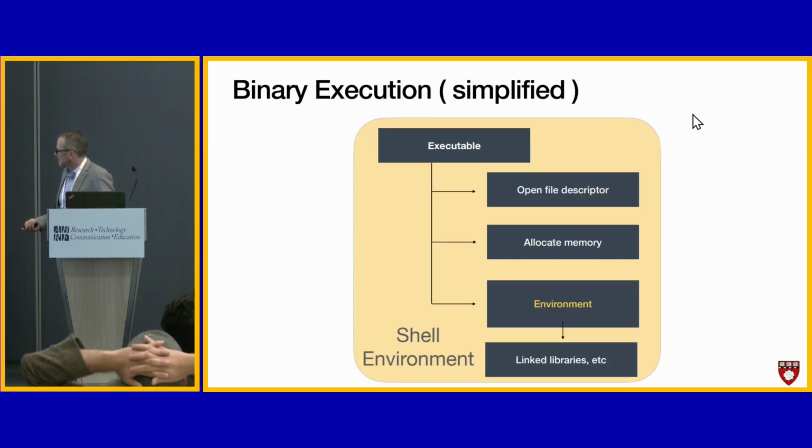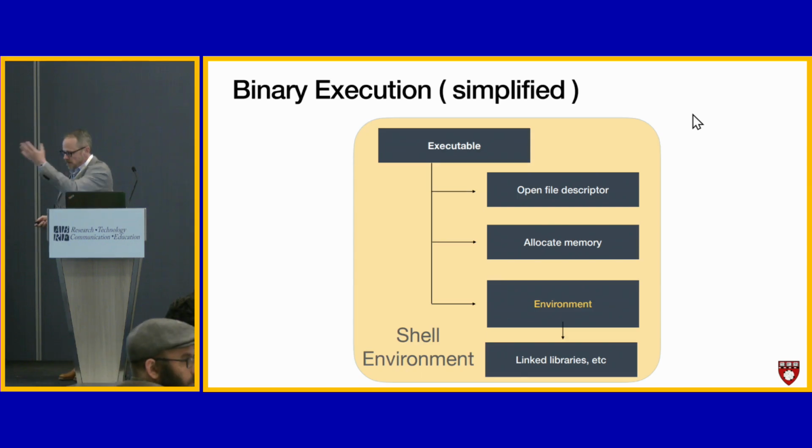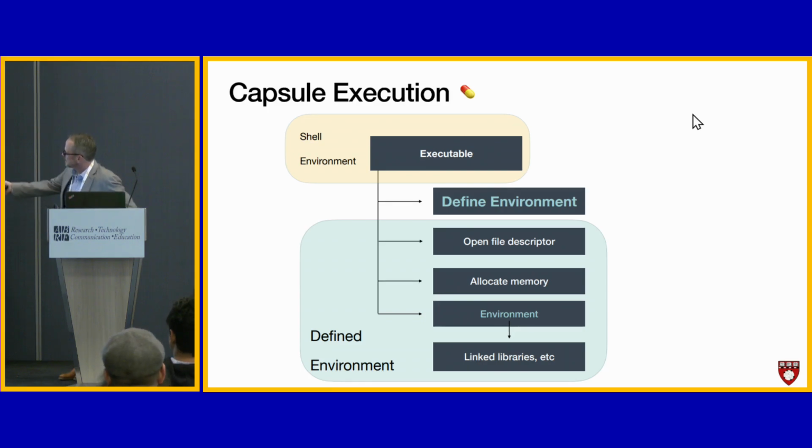Just a quick look, this is just a figure of an executable. It opens a file descriptor, so it's a Unix term. It opens its file, it allocates its memory. It loads that environment, it runs, right? So in capsules, the executable shell is here. This is your terminal where you're working.